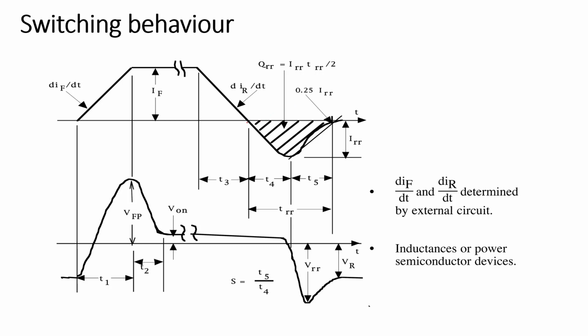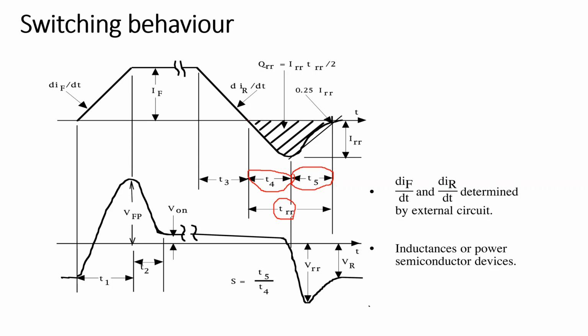Now if you look at this, this time period is shown with time t4 when the current in the negative direction has negative slope, and this time is t5 during which the current in the negative direction has positive slope. So this whole time is known as reverse recovery time. Okay, why is it called reverse recovery time?